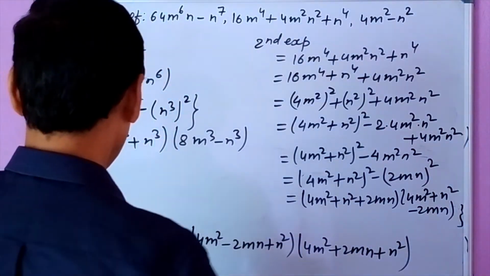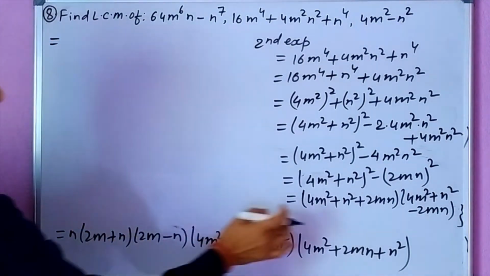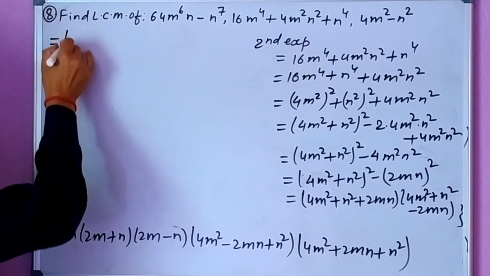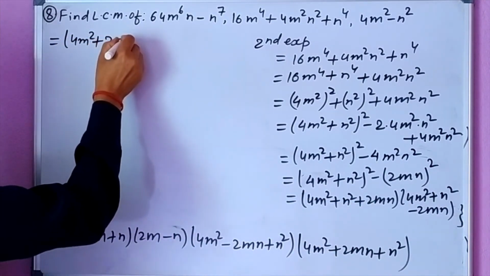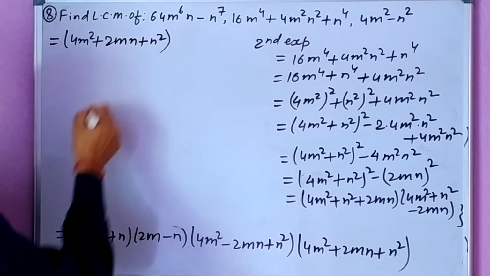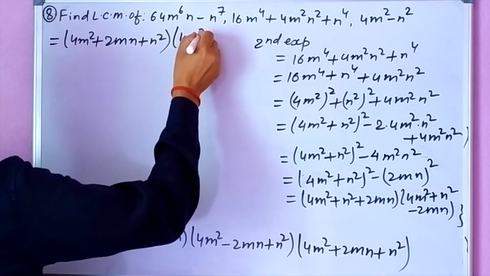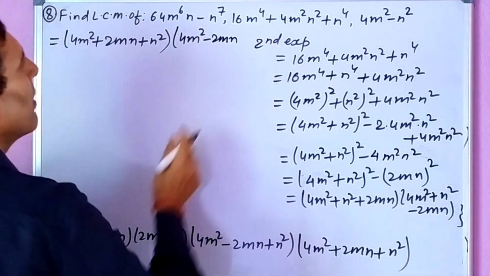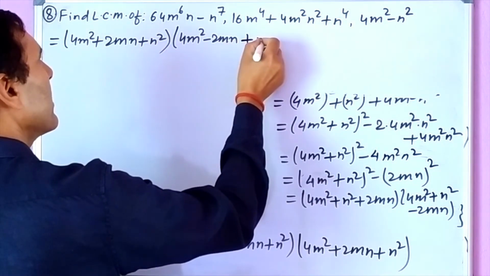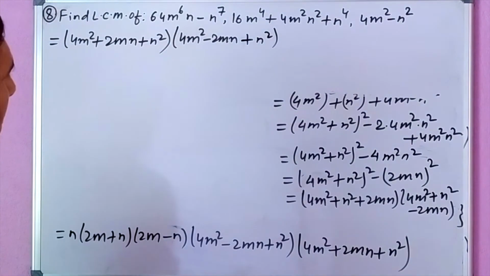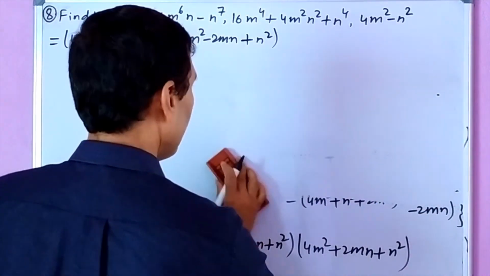We can write these in order. I am writing here 4m square plus 2mn plus n square. Similarly, 4m square minus 2mn plus n square. These are the factors of the second expression. Now we have the third expression as well.